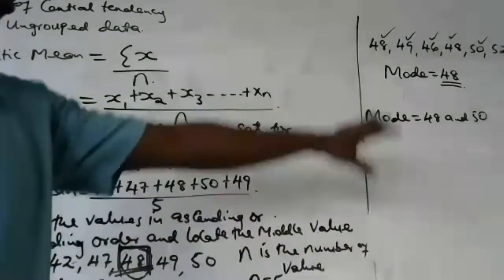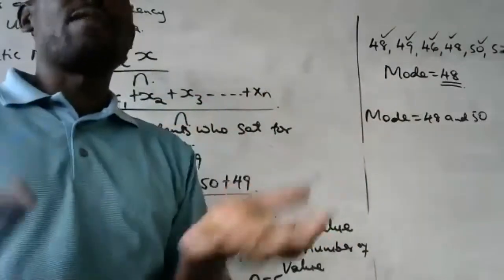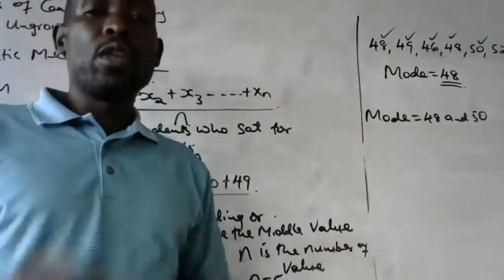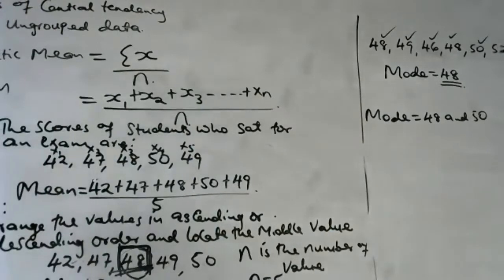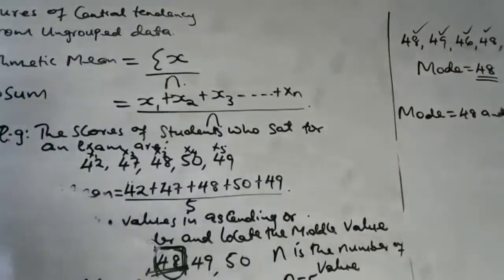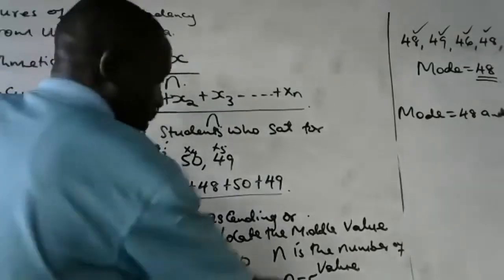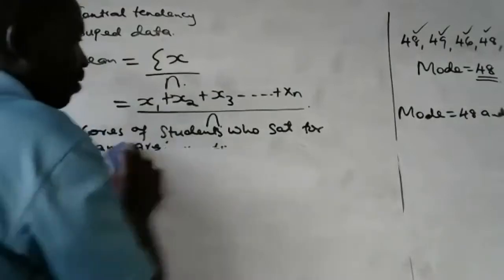If the distribution is even, then you take the average of the two numbers within which the median lies. That is it. Then, in our next discussion, we shall ask ourselves, how do we calculate the measures of central tendency from the grouped data?